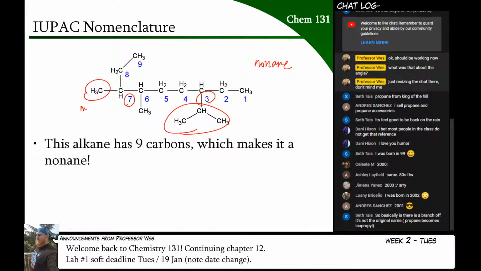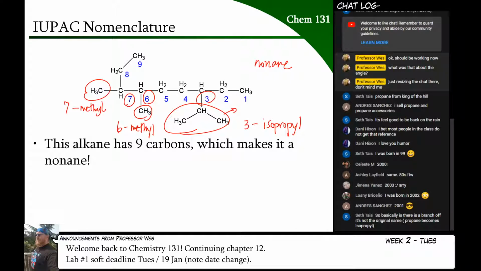This is a methyl group, and it's at position 7. So I'm going to go 7-methyl. Same thing right here. This is a methyl at position 6. 6-methyl. Do you remember what this group was called? Hopefully you just said isopropyl, and it's at position 3.